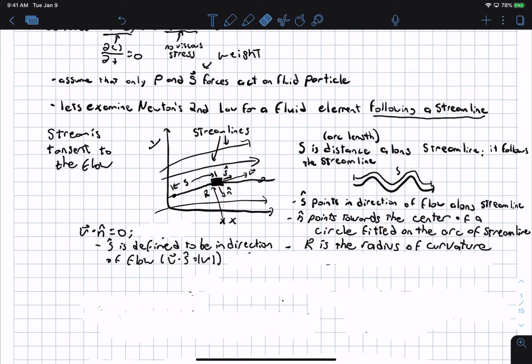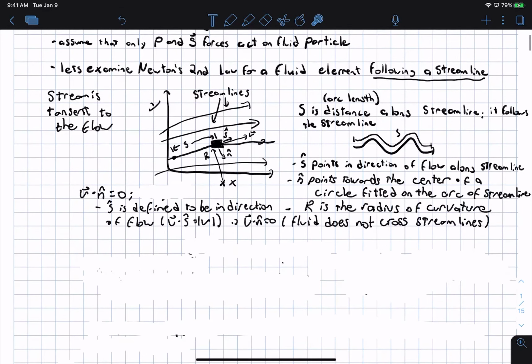If v dot n hat is 0, that means fluid does not cross the streamline. There is no transfer of fluid in this direction, because it would be going across the streamlines, and that doesn't even make sense in terms of the concept of streamlines. Furthermore, because s hat is the tangent vector of the flow, v dot s hat is nothing more than the velocity magnitude.